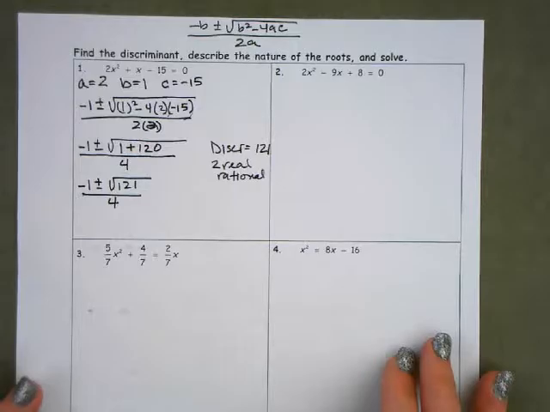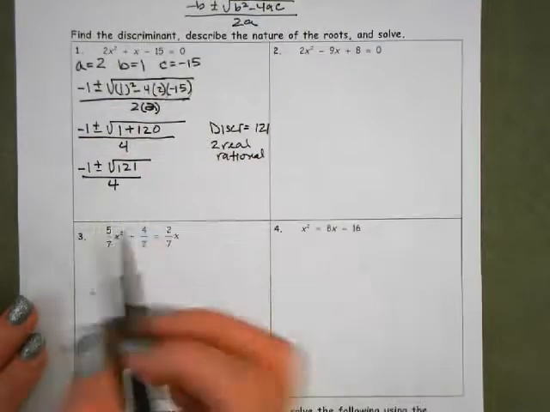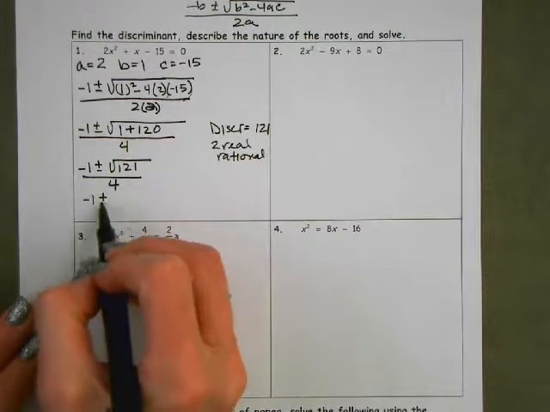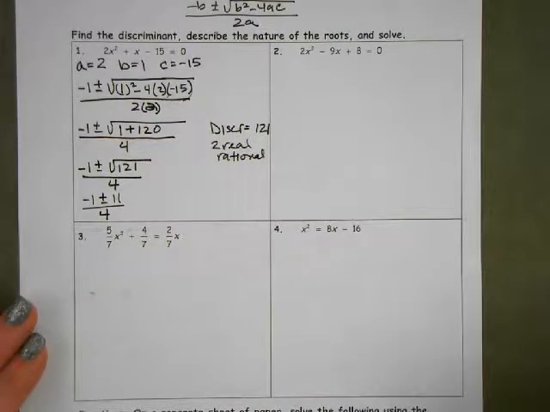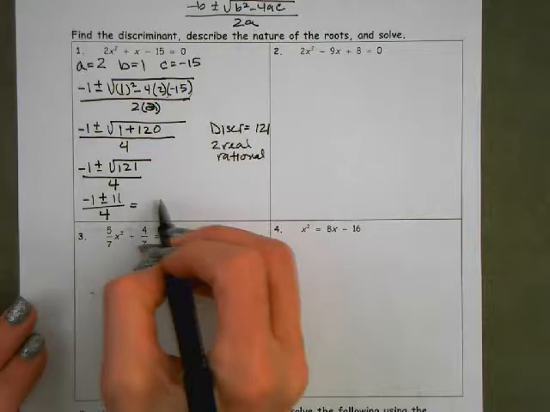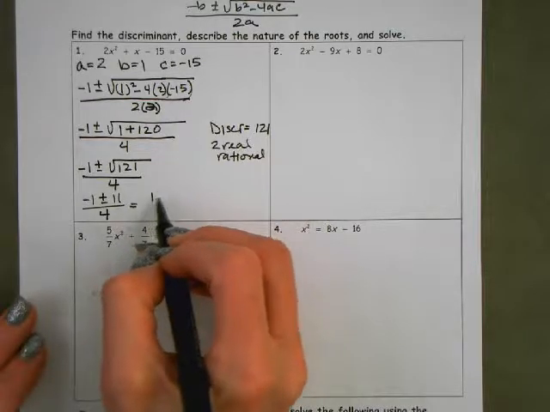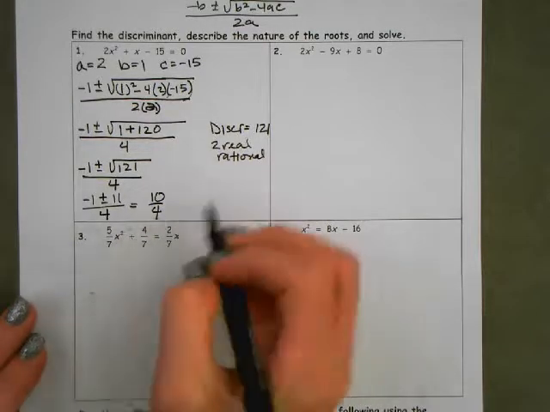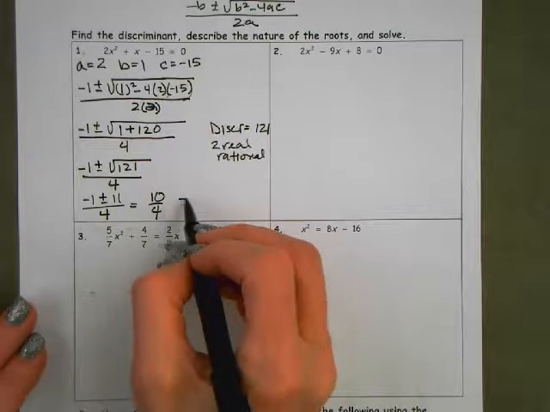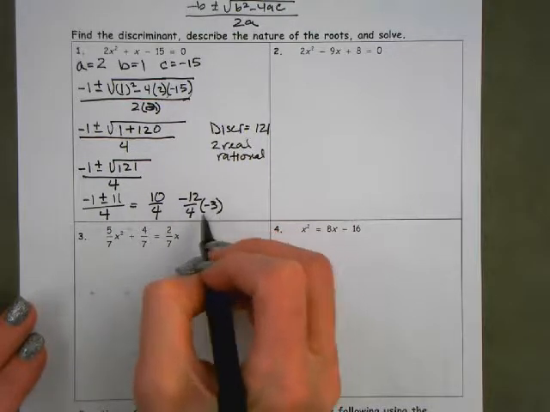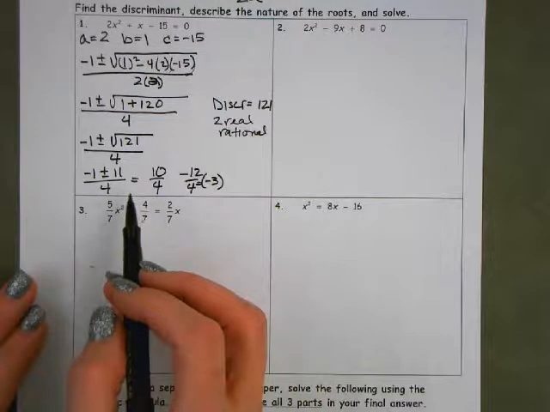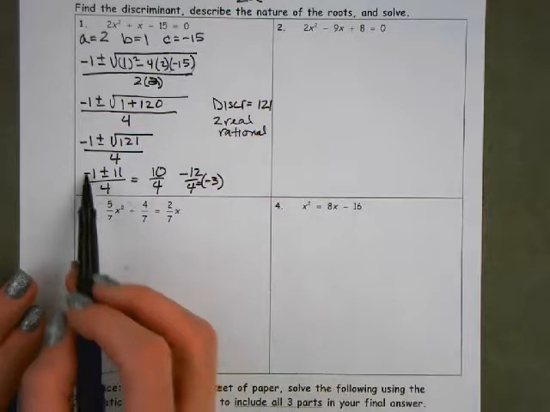Alright, so now I can solve this. This is negative 1 plus or minus 11 all over 4. So this is going to be 10 over 4, or it's going to be negative 12 over 4, which is a negative 3. How did you get from 10 to 12? Okay, so I'll do it 2 ways.